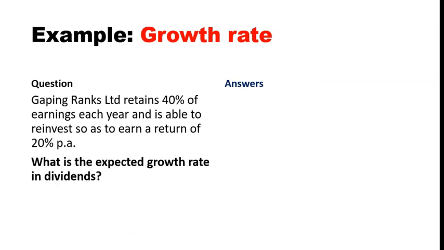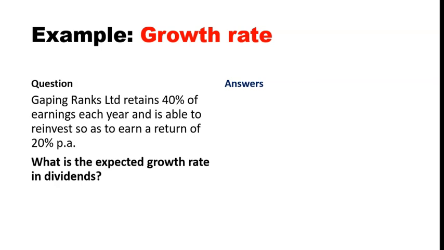Capm Rings Limited retains 40% of earnings each year and is able to reinvest so as to earn a return of 20% per annum. What is the expected growth rate in dividends? All right, so this company can retain 40% while paying out the rest, the 60%, as dividends.